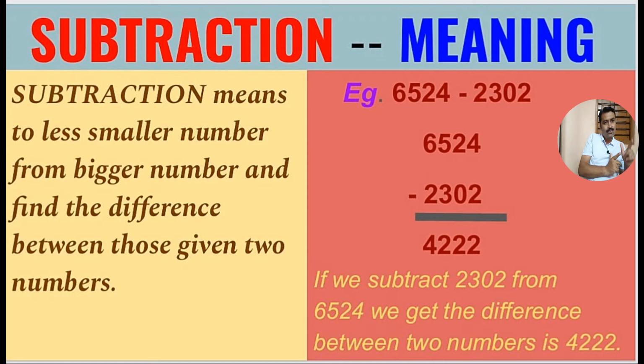From standard 2 we learned how to subtract a smaller number from a bigger number. Now in this 5th standard also we continue the same part of subtraction. After subtracting those two numbers, the final answer, the third number that we get, is known as the difference of those two given numbers.